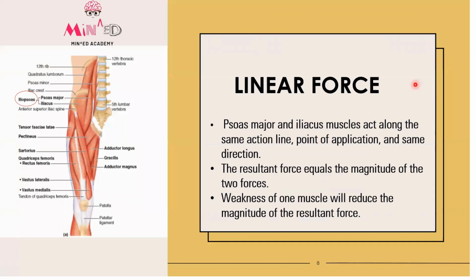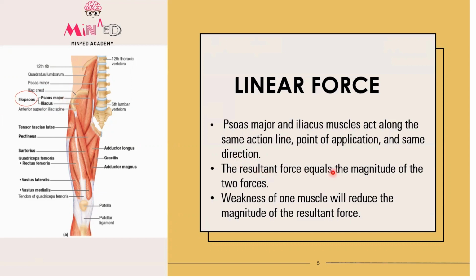Now we'll see an example of linear force in our muscle action. As you can see here, psoas major and iliacus muscle act along the same line of action, same point of application, and same direction.